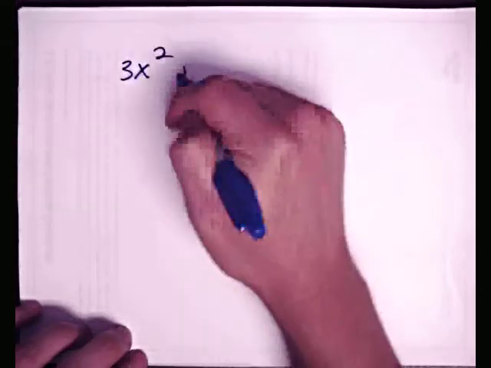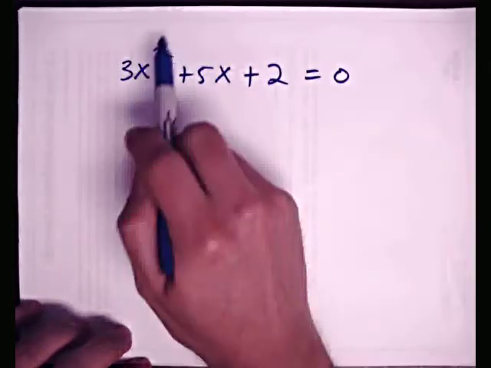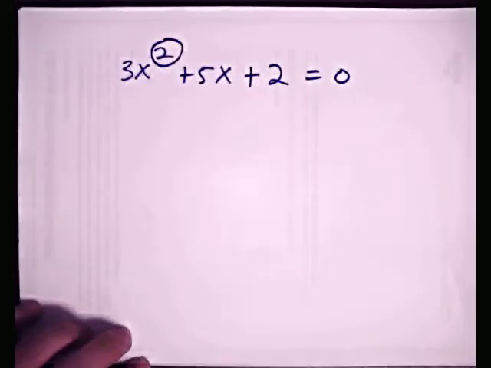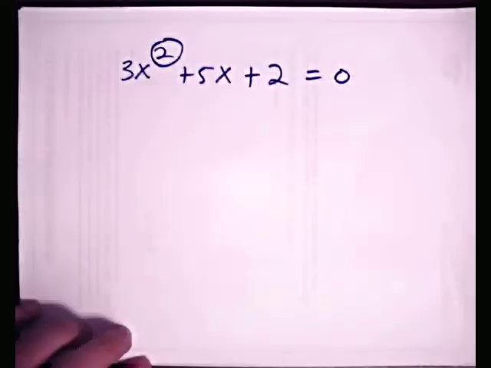So something like 3x squared plus 5x plus 2, we called that a quadratic equation last time. That's considered a polynomial equation. The degree on this would be 2, and it's in descending order because we have exponents of 2, 1, and then none.